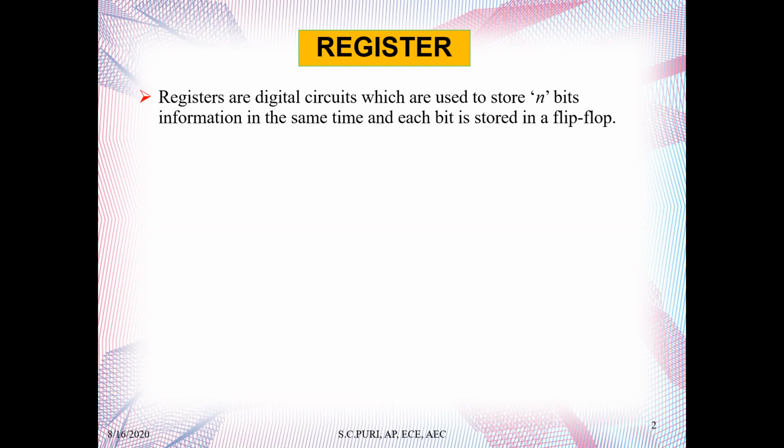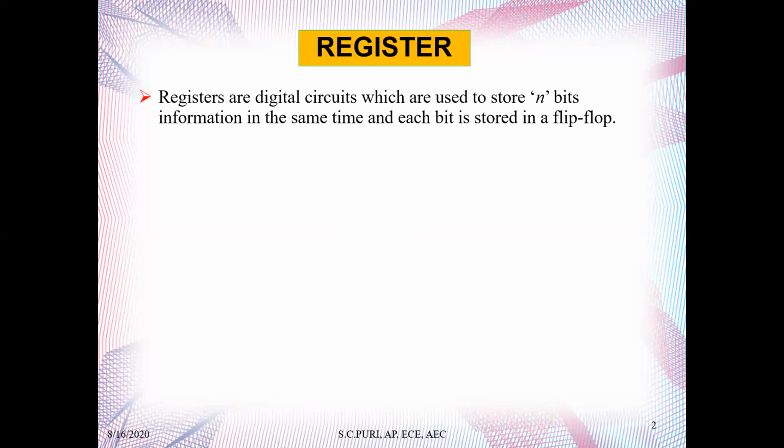registers are digital circuits which are used to store n bits of information at the same time, and each bit is stored in a flip-flop. Now, what does it mean? See, a flip-flop is basically a 1-bit storage element. We know that it's a 1-bit memory.